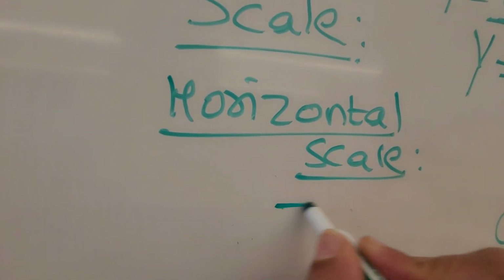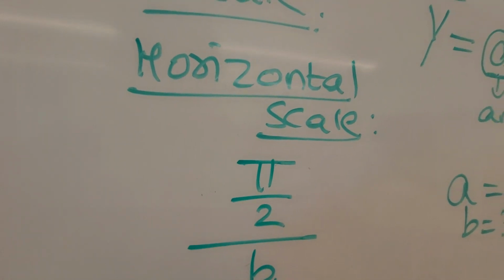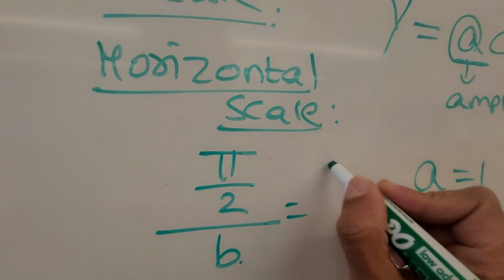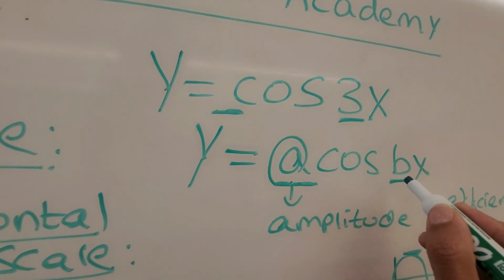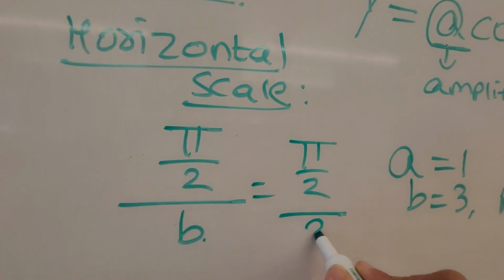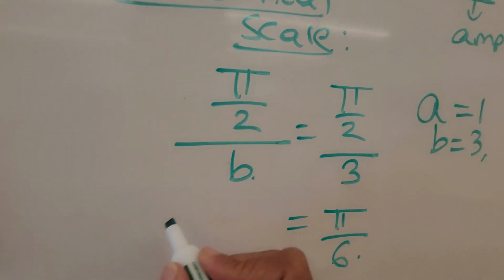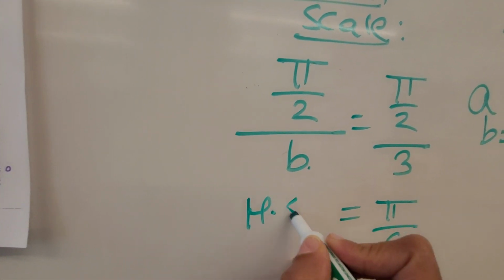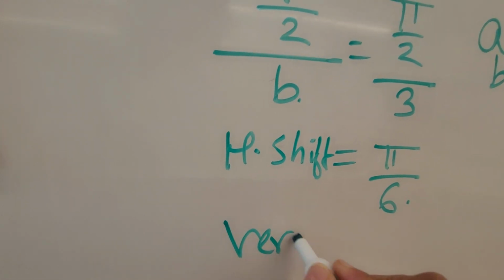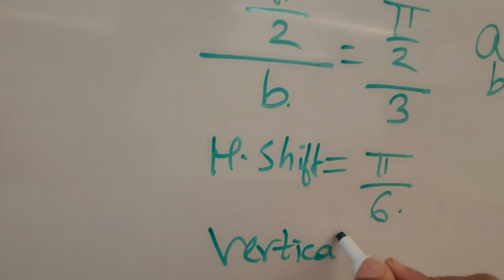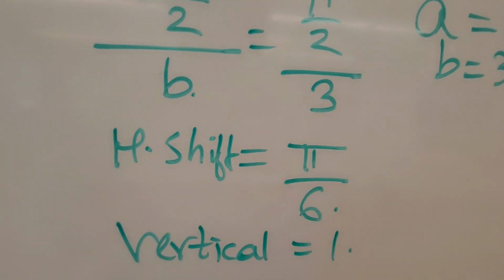For the horizontal scale, let's take pi by 2 and divide it by the b value. So here I have pi by 2, and the value for b is 3. Pi by 2 over 3 is pi by 6. So my horizontal scale is pi by 6, and for the vertical I take the value as 1 on the y-axis.